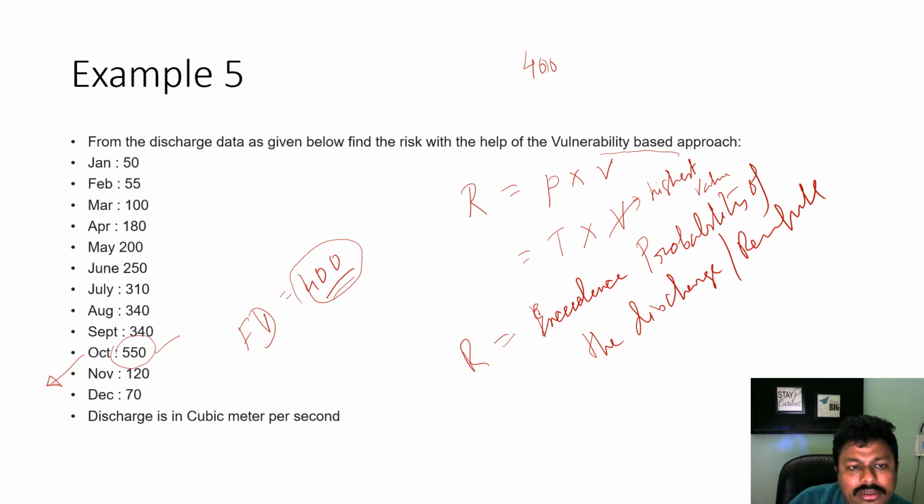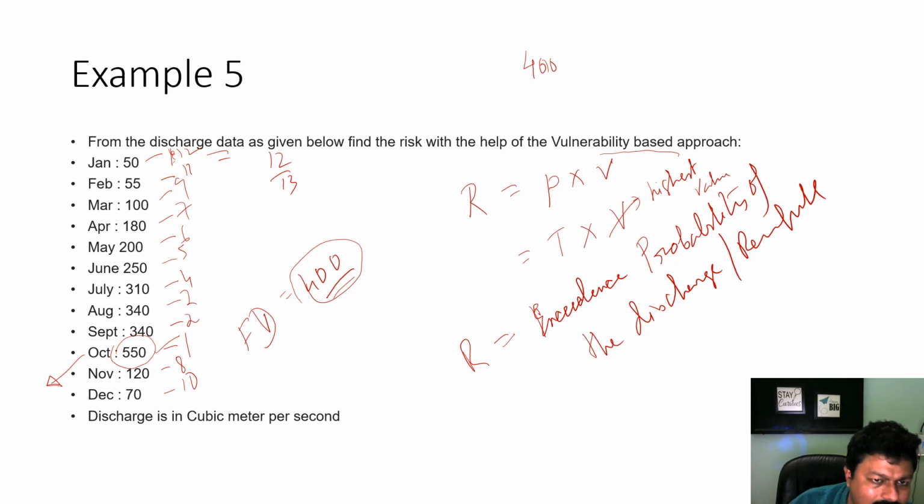So you will find the probability of each discharge. That is, this will be 1, this will be 2, 3, 4, 5, 6, 7, 8, 9, 10, and you find the probability 12 by 13, 11 by 13 and so on. Here you see the value 550 is exceeding the vulnerable value of 400.